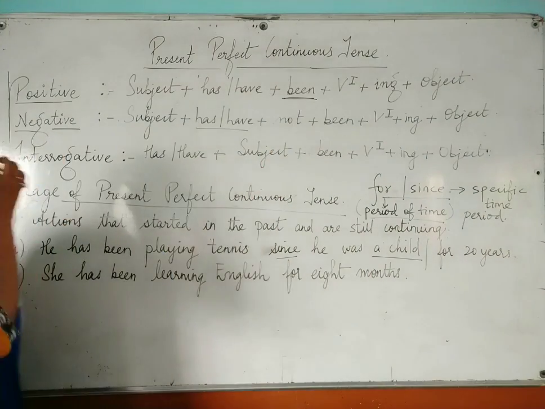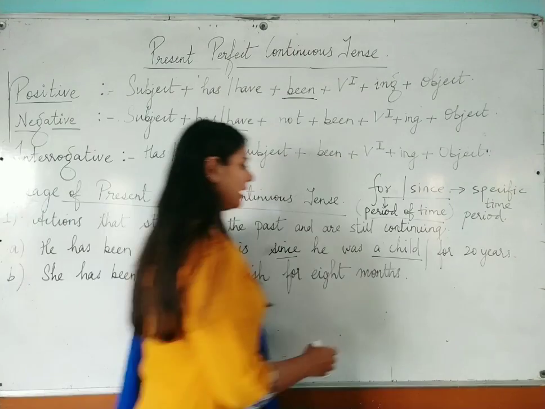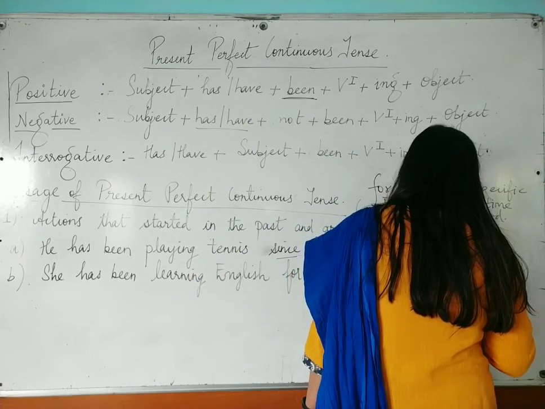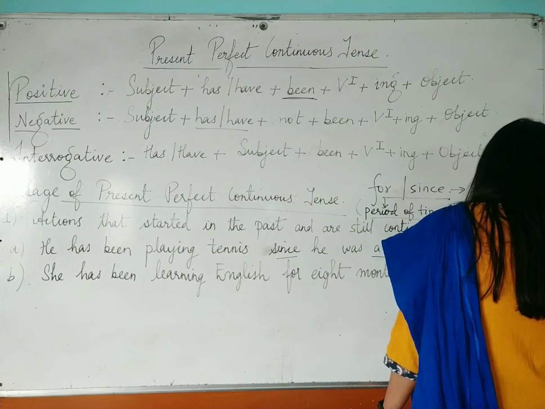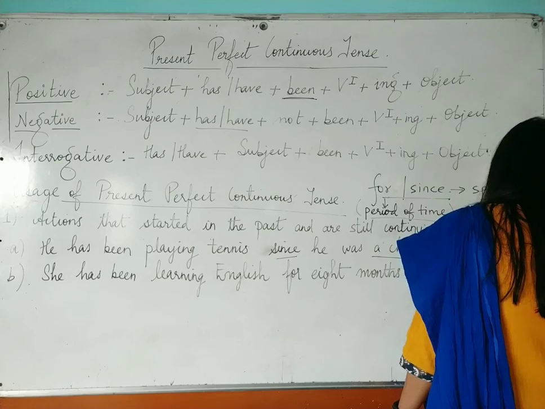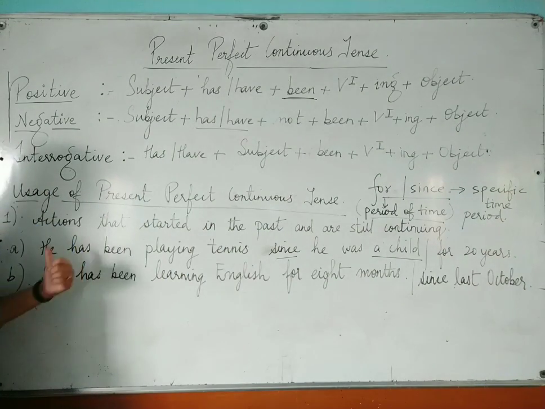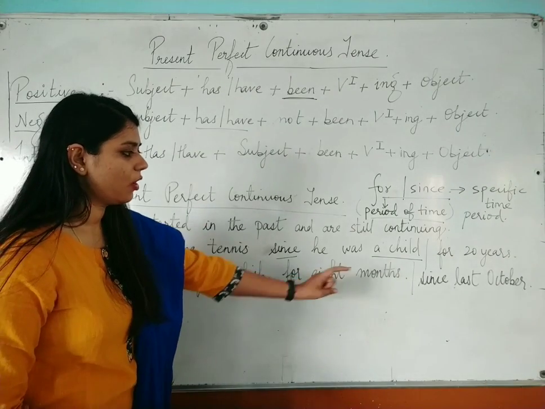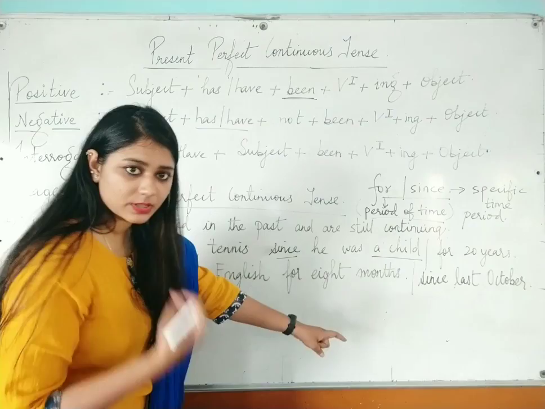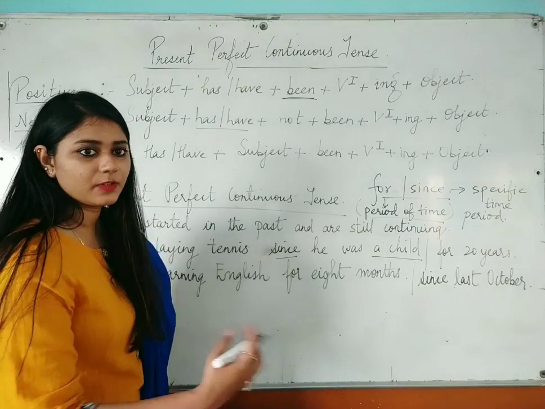She has been learning English for 8 months, or you can say another way of saying it can be like since last October. Okay. Again, action has begun when? Past, and is still going on. That she has been learning English for 8 months, or since last October, and the action will still be continuing. Okay, still it will be going on.